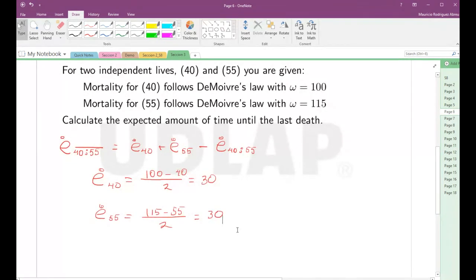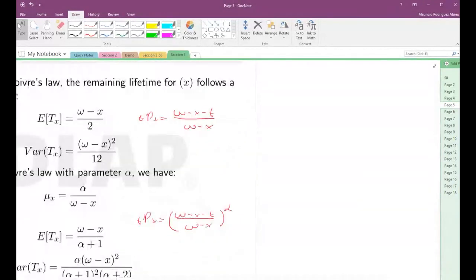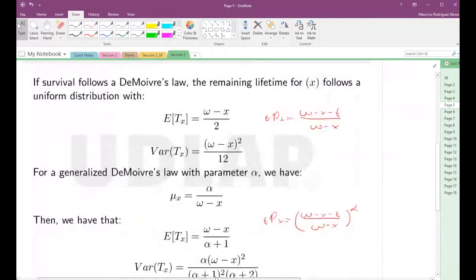Now, what happens with the joint life? So joint life, essentially, if we estimate, so for either life that we have, let me go back to this previous. I don't think I have it here.